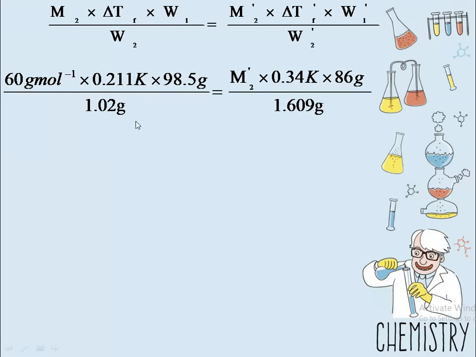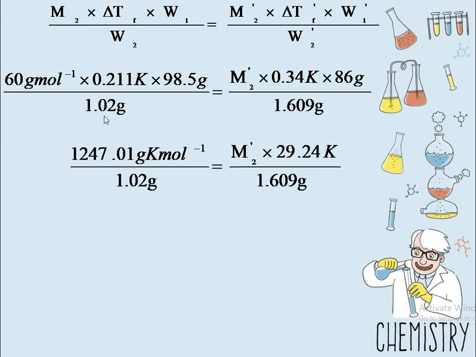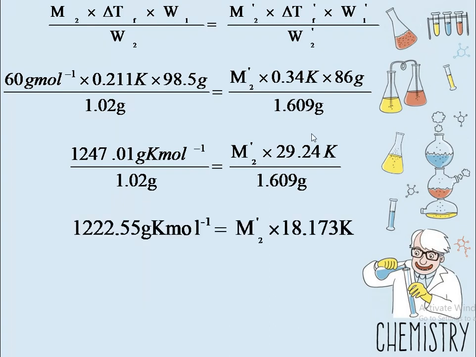When we multiply these three, we get 1247.01 gram Kelvin per mole divided by 1.02 gram. When we multiply these two, we get 29.24 Kelvin divided by 1.609 grams. By solving these, we get 1222.55 grams Kelvin per mole, and this divided by this we get 18.173 Kelvin.